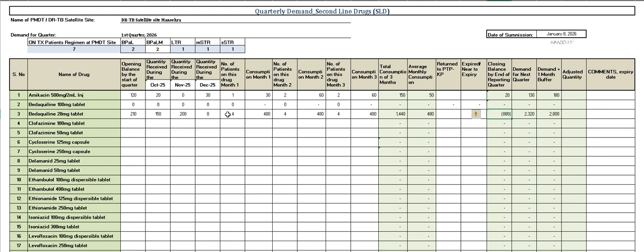Look here. Mostly this error is commonly observed: the closing balance will become 80, which in brackets is minus. Why? Because you were having 210, and 150 in the first month and 200 in the second month you received.